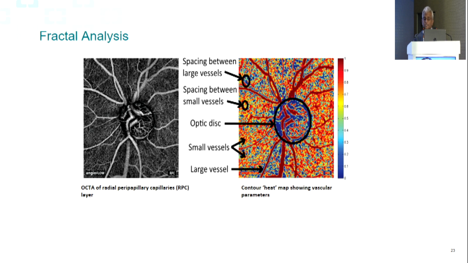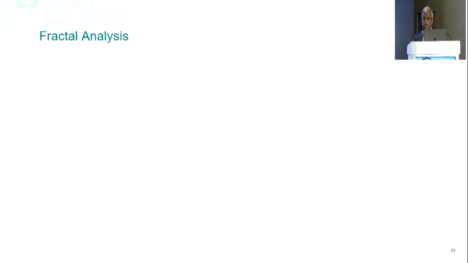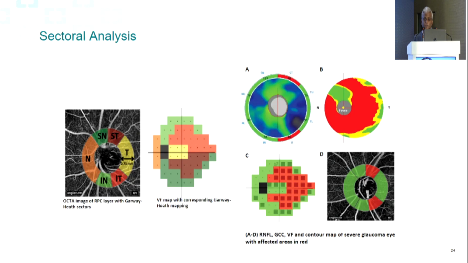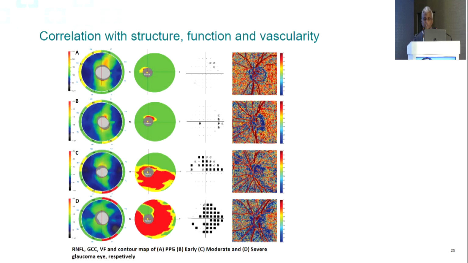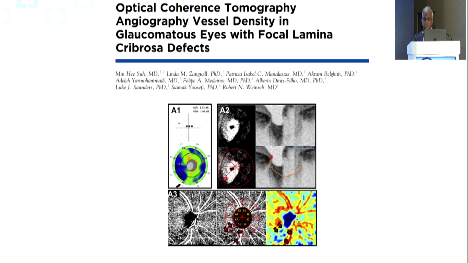It generates a contour heat map across the various vascular metrics. And you can also superimpose or overlay over the optic nerve head the various regions of the visual field mapping and also the GCC and the RNFL maps as well. And it shows quite good correlation across structure, function, and vascularity.